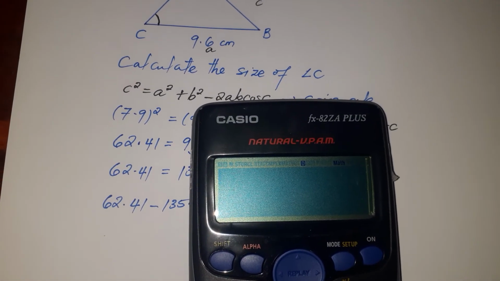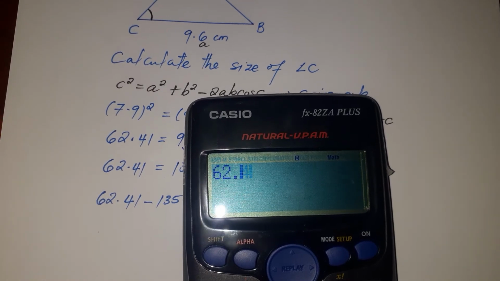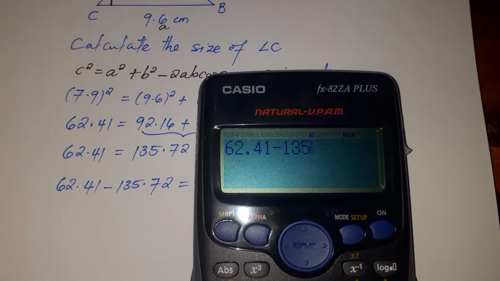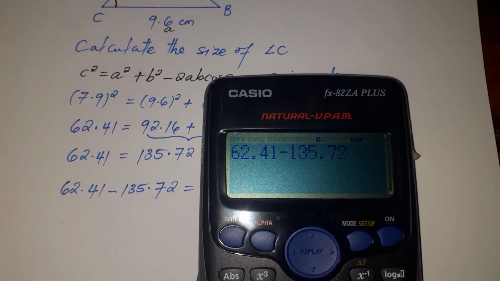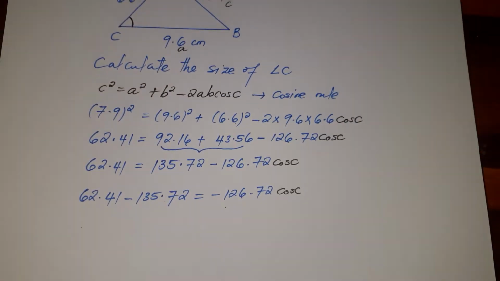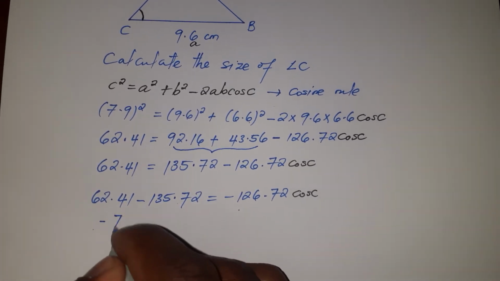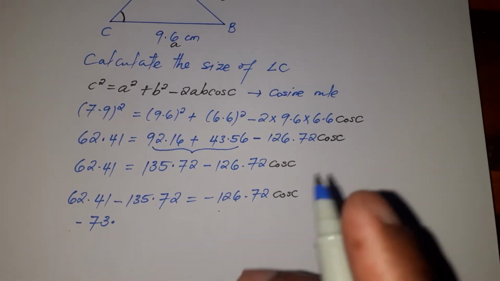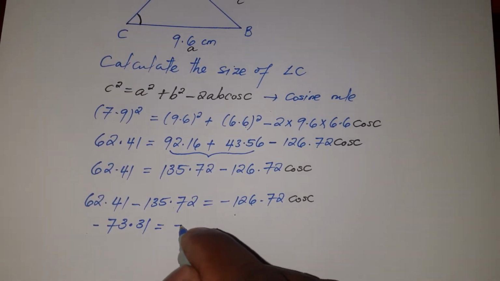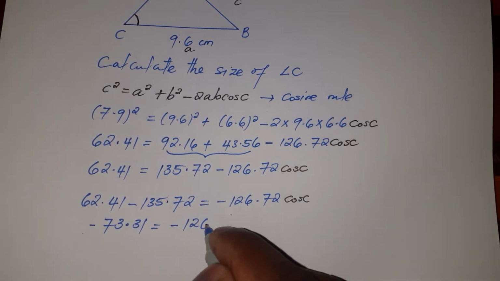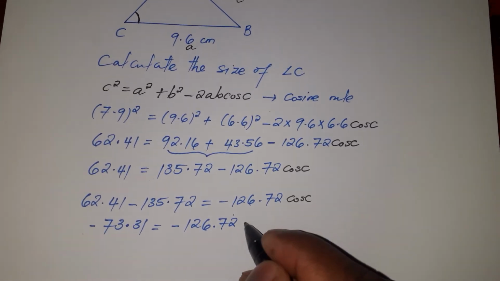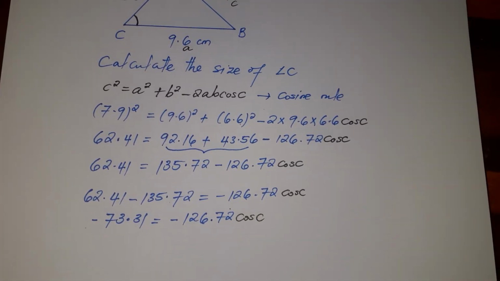Let me quickly do that. We have 62.41 minus 135.72. We are getting negative 73.31. Negative 73.31 equal to negative 126.72, and then we have cosine C.